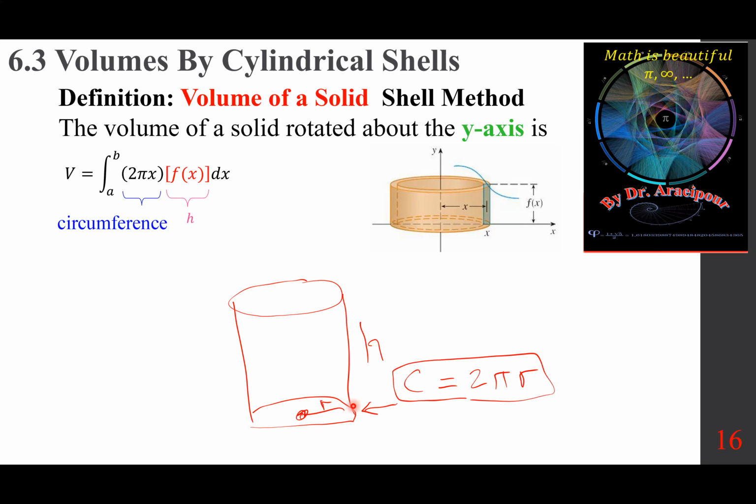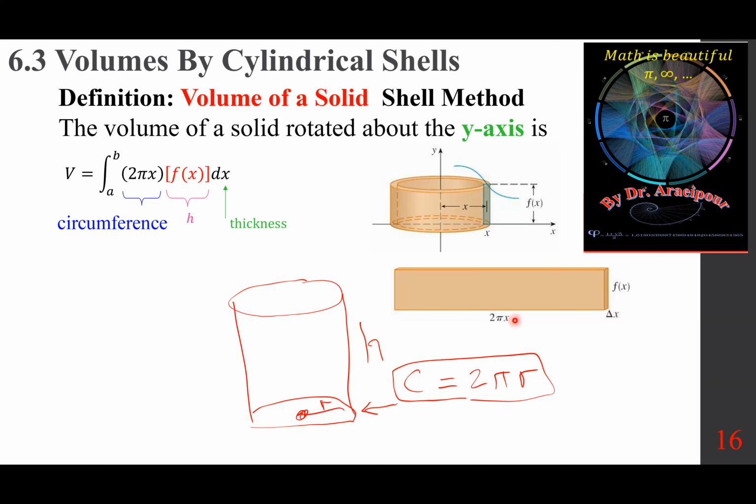What is f of x? F of x is the height. What is dx? It is the thickness. So if you cut this open, never mind the top and the bottom. We are looking at the lateral surface. This is the lateral surface. 2 pi r translates to 2 pi x. And then it has a small thickness, delta x.